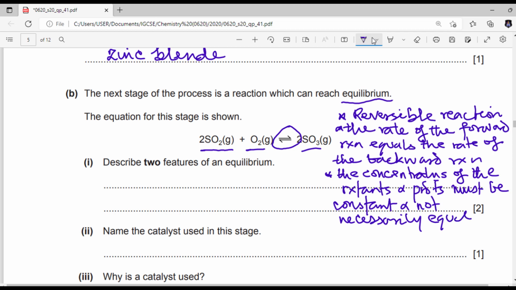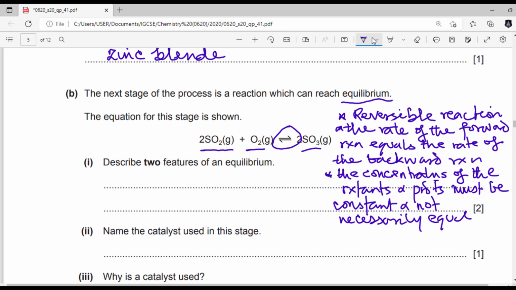Remember, we said that equilibrium is a state at which there are no observable or appreciable changes in the properties of a system with respect to time. So for there not to be changes in the properties of a system with respect to time means that those properties are constant, right? And remember, the concentration of the system is a property. That's where this point applies. The concentrations of the reactants and products must be constant, but not necessarily equal.